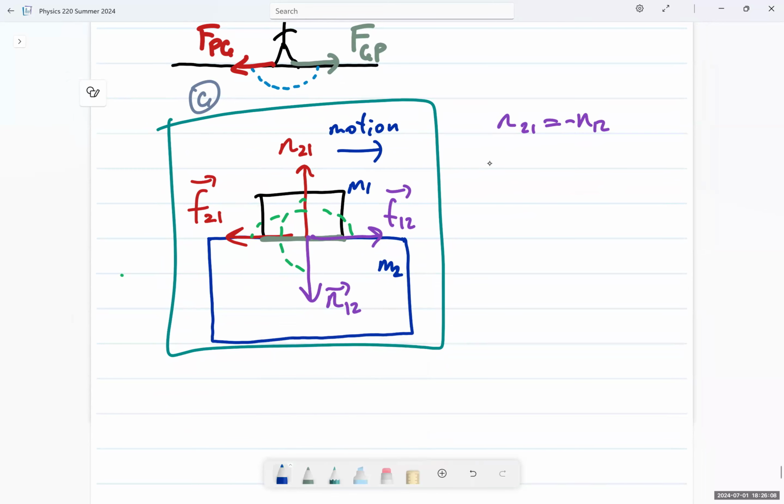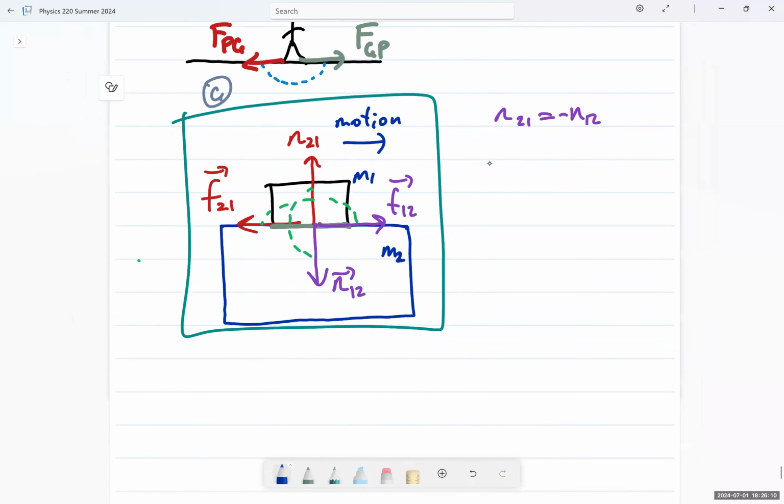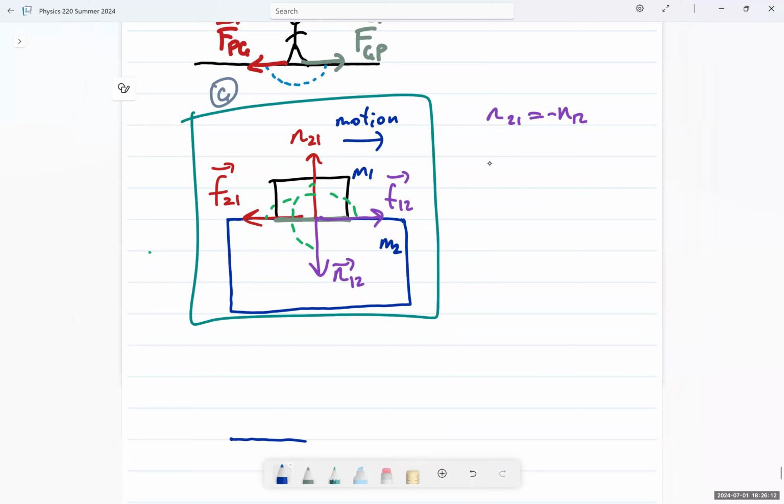Right. So this is the difference that we're going to be dealing with in this chapter. This also, for example, can be between two boxes that are sitting like this. So here's M1, and here's M2. Same idea.